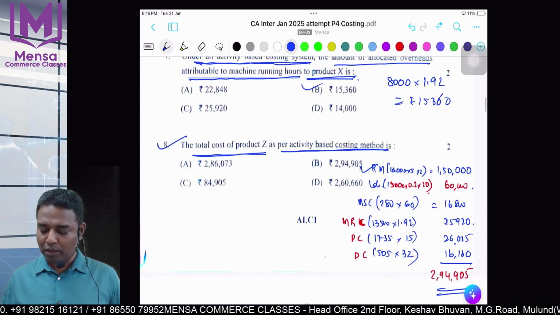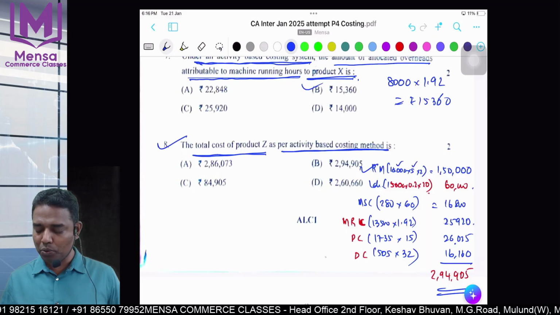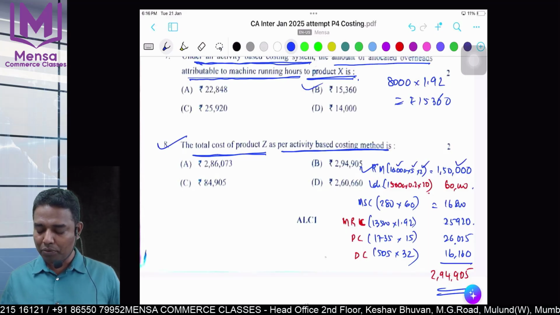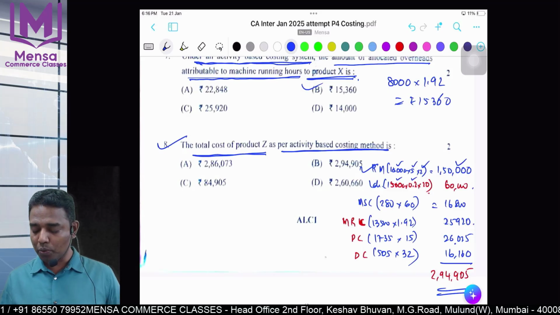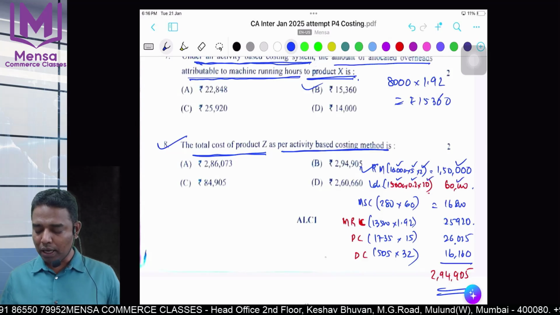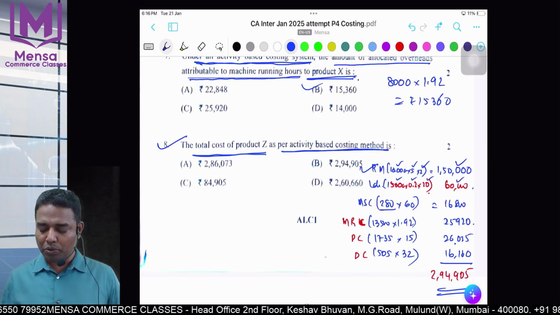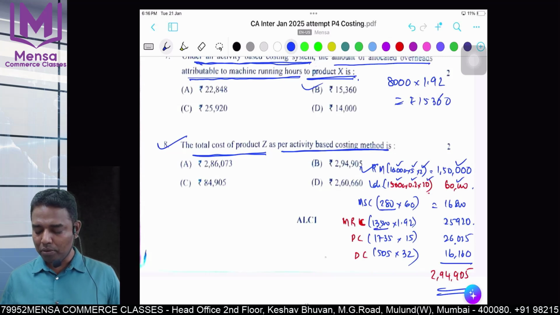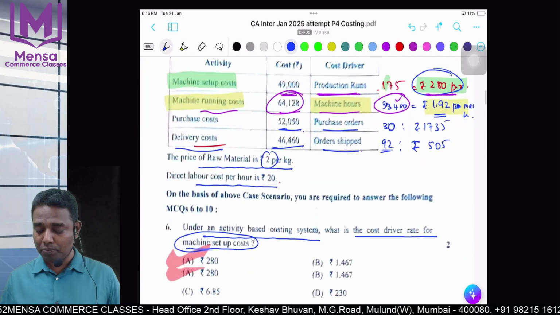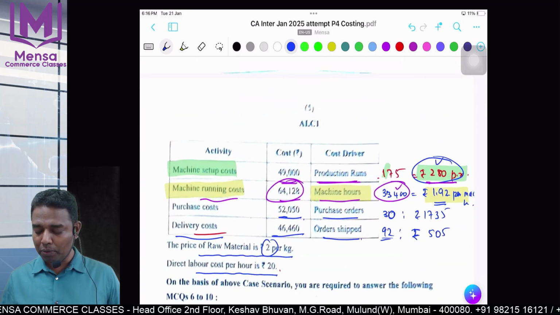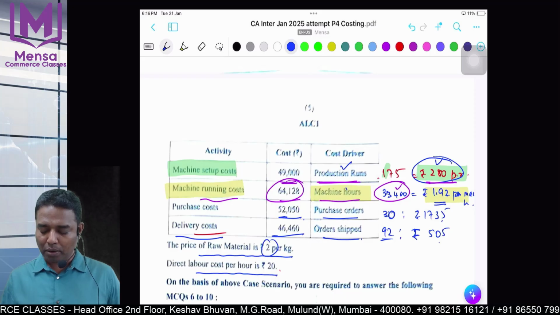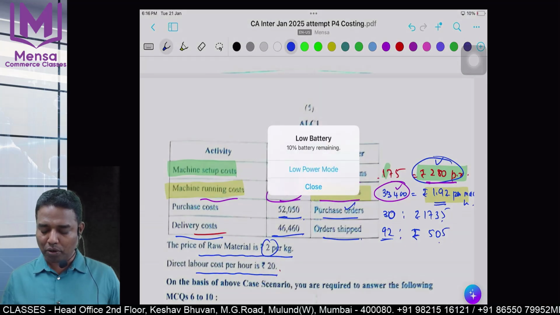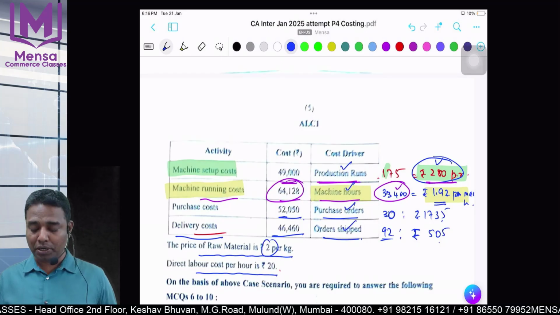So I have done 15,000 into 5 into 2, that is 1,50,000. Labor: 15,000, 0.2 is the per unit hours, into 20 rupees rate, 60,000. And these are the overheads, for which we have taken the absorption rates, that is 280, 1.92, 1735, 505, into the corresponding production run for Z, machine hours for Z, purchase orders for Z, and orders shipped for Z.